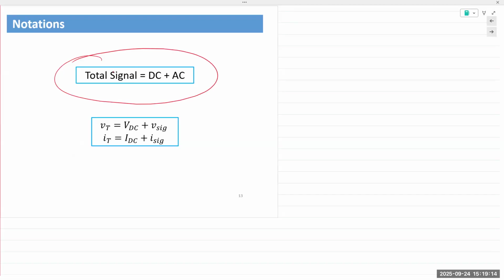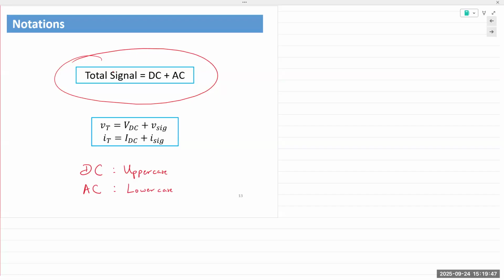To note DC, we use uppercase, and to note AC, we use lowercase. Uppercase or capital letters, lowercase or small letters. So our total signal is usually comprised of a DC plus an AC voltage.